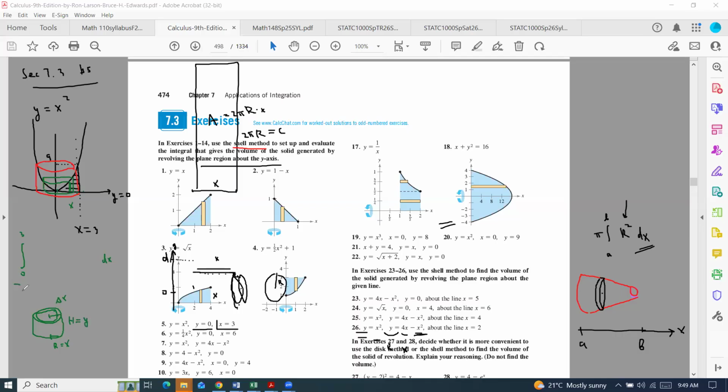So my formula is 2 pi r multiplied by the height. So 2 pi always take on the outside. And then what is the radius? Well, we just saw it is x. And what is the height? Well, the height here is given to me by the y coordinate.